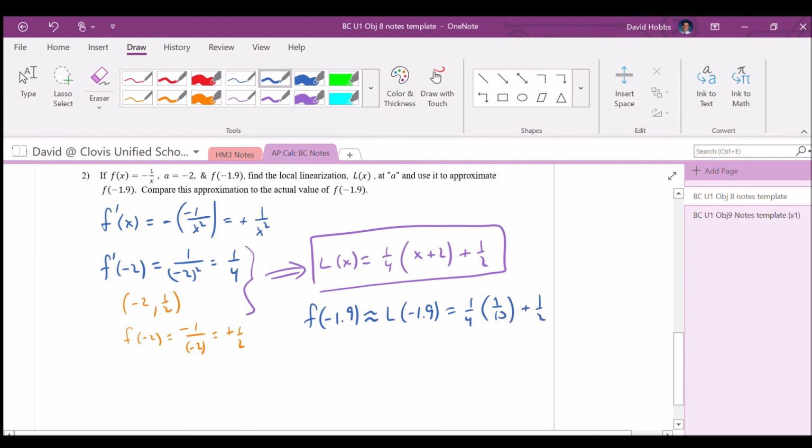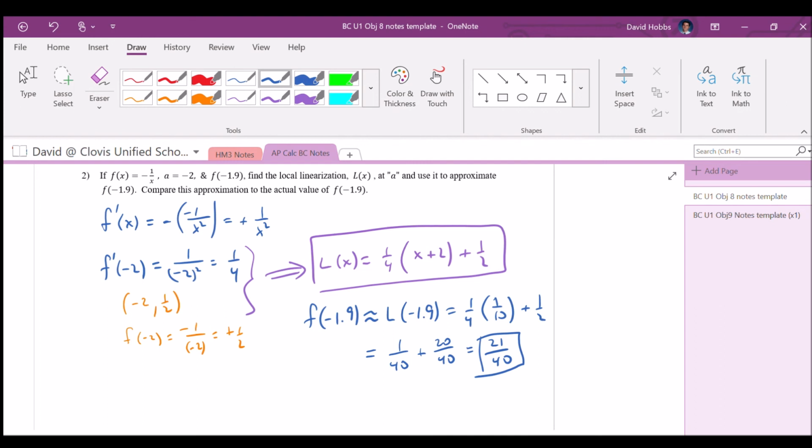Plus 1/2, okay, which is 1/40th plus 1/2, getting them the same language. So this is 21/40ths. Okay, without a calculator, that's what you want. Okay, that's our approximation.